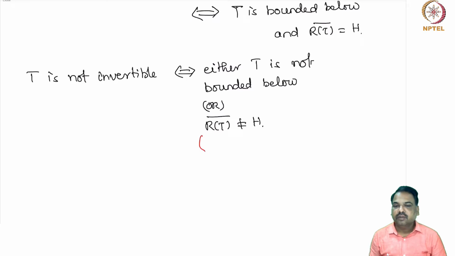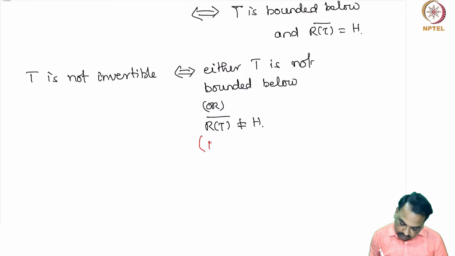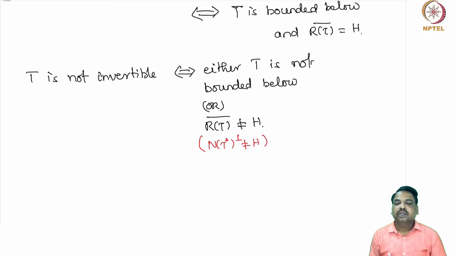So null space of T star perp is not equal to H. That means null space of T star is not equal to 0.